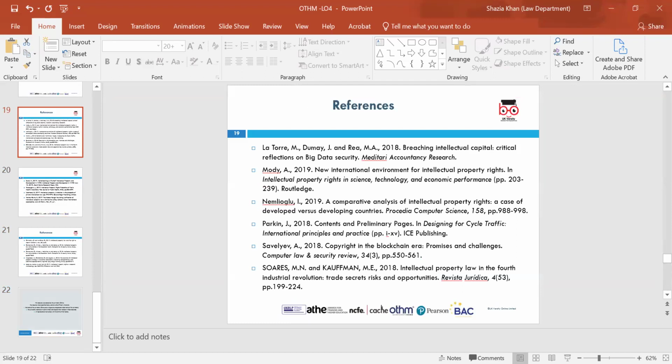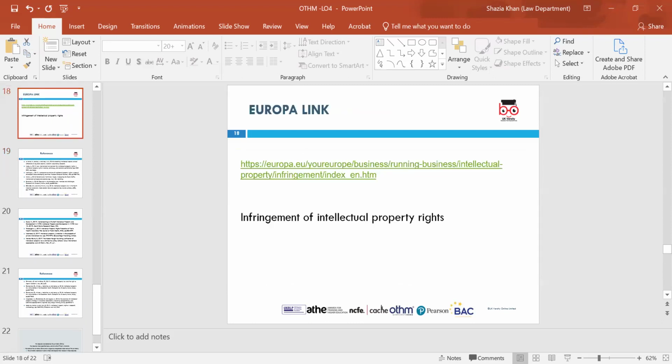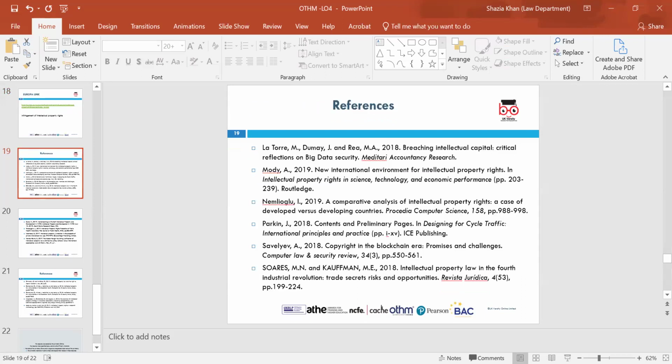There's quite a large number of references there that you could refer to in trying to get your assignment done, or reading around infringement of intellectual property, or any issues around remedies or sanctions, and criminal and civil infringement. These are some of the references, some good books there as well. Please refer to the article, the link that I've put there. It's a good article on infringement rights.